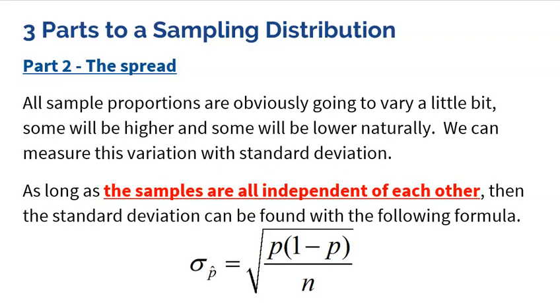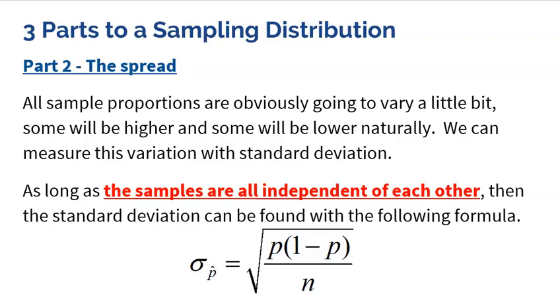All right, part two. The second part of a sampling distribution is the spread. Understand that some samples are naturally going to be higher, some are naturally going to be lower. So all sample proportions are obviously going to vary a little bit. Now we can actually measure this variation with the standard deviation. In the past, we were just estimating what the standard deviation is, but now we have a formula to find it.